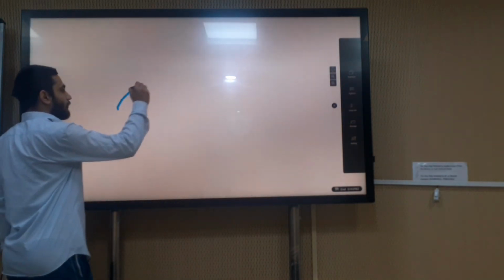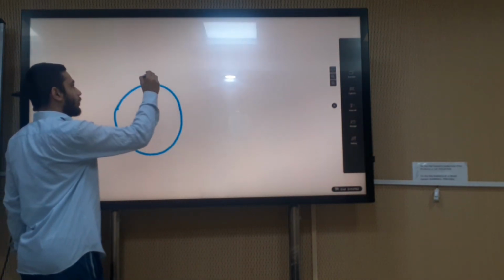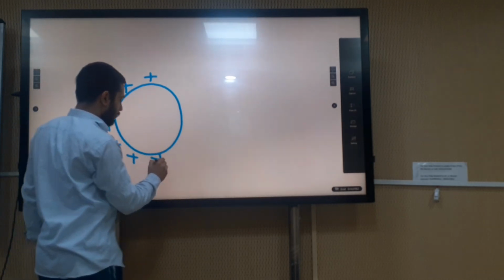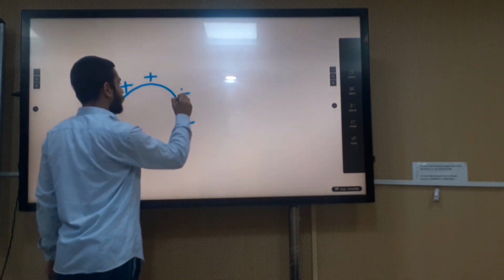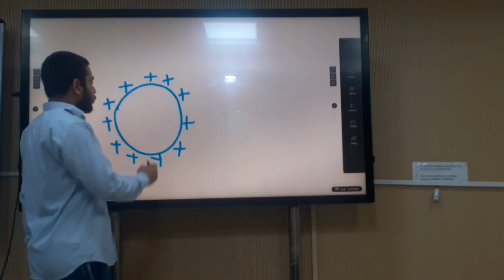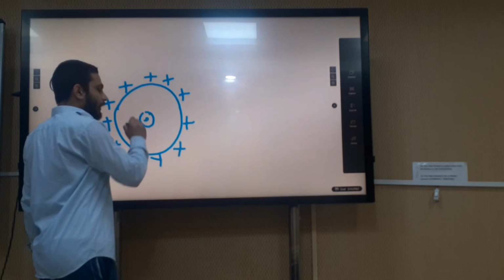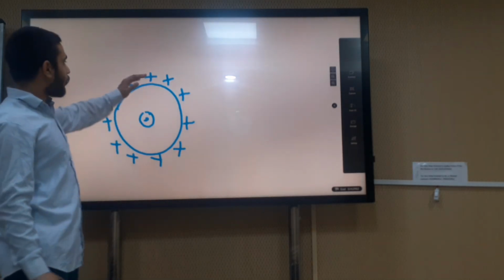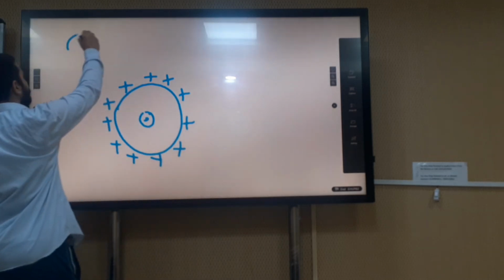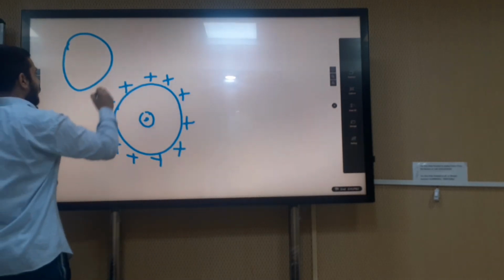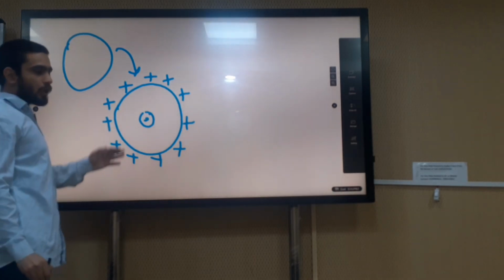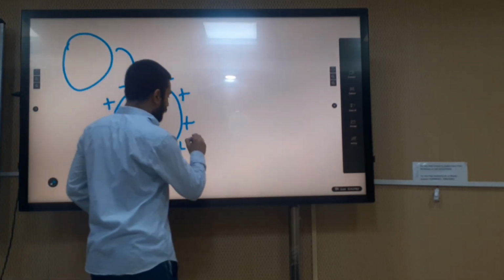There is this positively charged ring. Okay, whole ring is positively charged. So we have to tell what is the work done in forming this ring. So suppose that firstly the ring was this, no charge was there, but finally we made the ring this. Okay, so what is the work done in forming this ring?